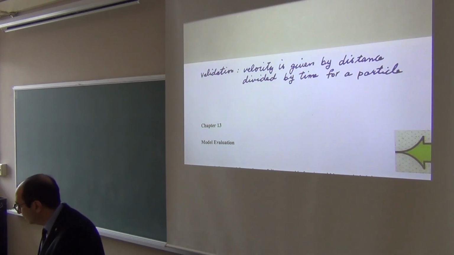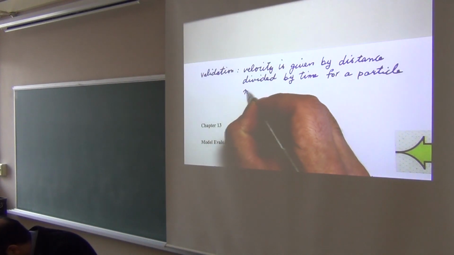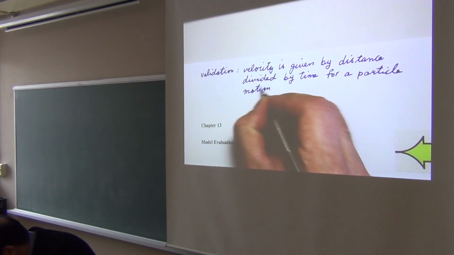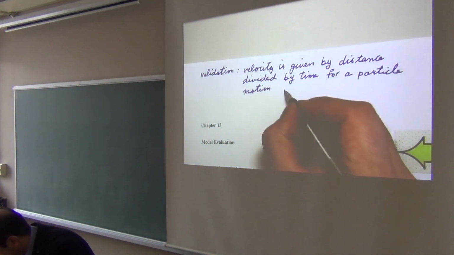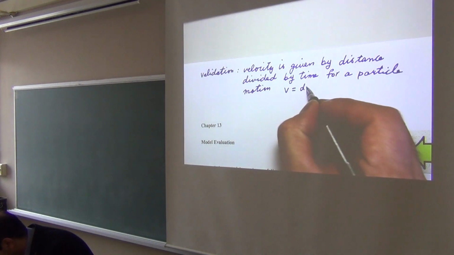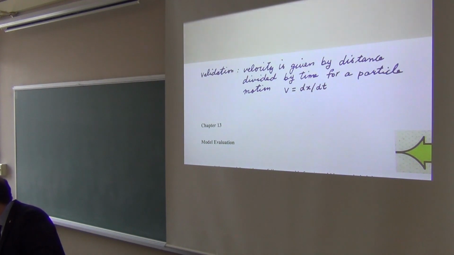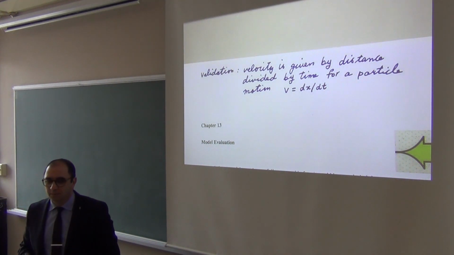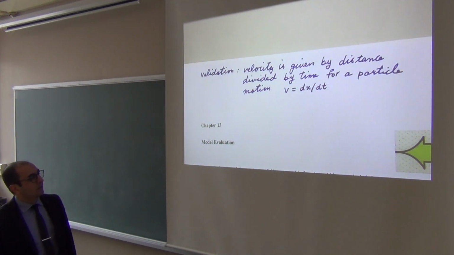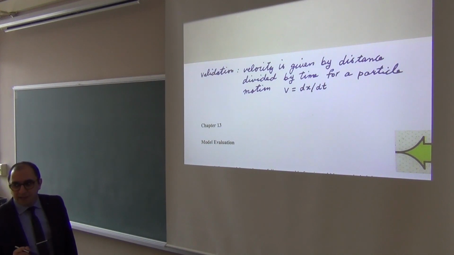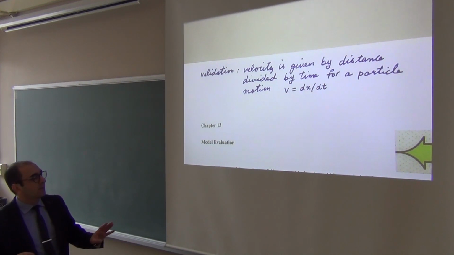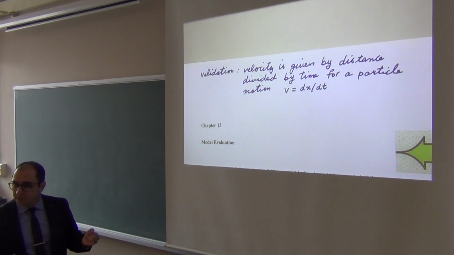For a particle motion, for example, V is equal to dx over dt, which means that I'm verifying, or should be careful with terminology, I'm assuring I'm using the right equation for the physical phenomena.